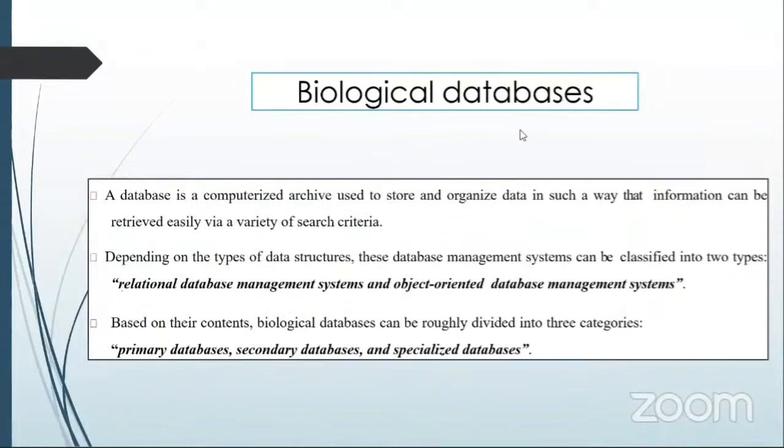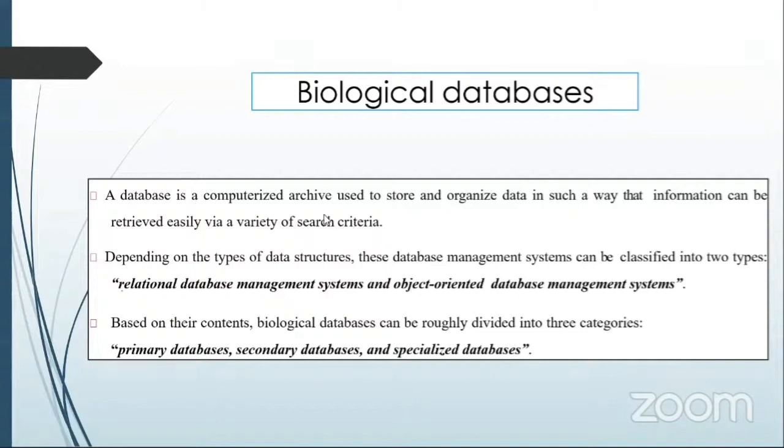So we have the biological databases. A biological database is nothing but a database where you get biological information. It comprises storage and organization of the data in such a way that if a beginner or new user utilizes the database, they can understand what data has been deposited based on the search.